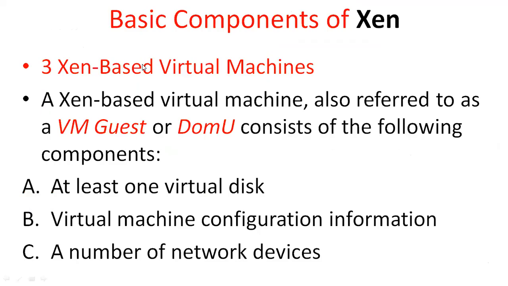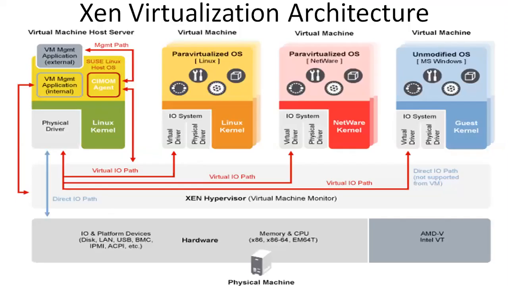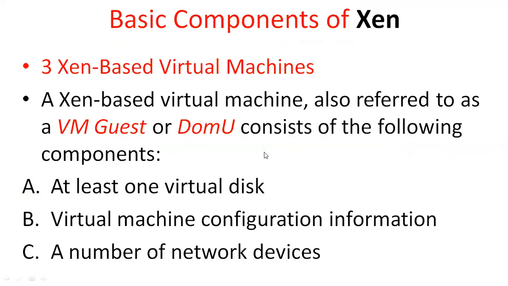Coming to the next important component, Xen-based virtual machines. If you see the diagram, you have three different virtual machines: a virtual machine based on Linux, a virtual machine based on NetWare, and a virtual machine based on Windows.